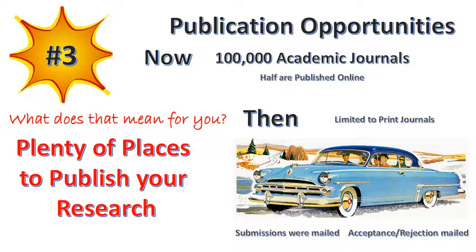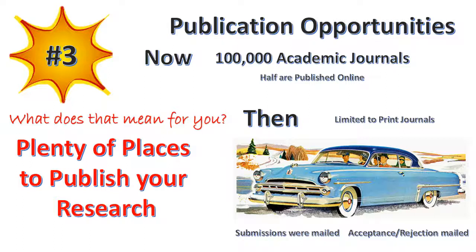Now, we've seen an explosion, just a rapid growth, in the number of academic journals. One site that I was looking at showed that there were 100,000 academic journals, probably an estimate out there, in all of the disciplines.